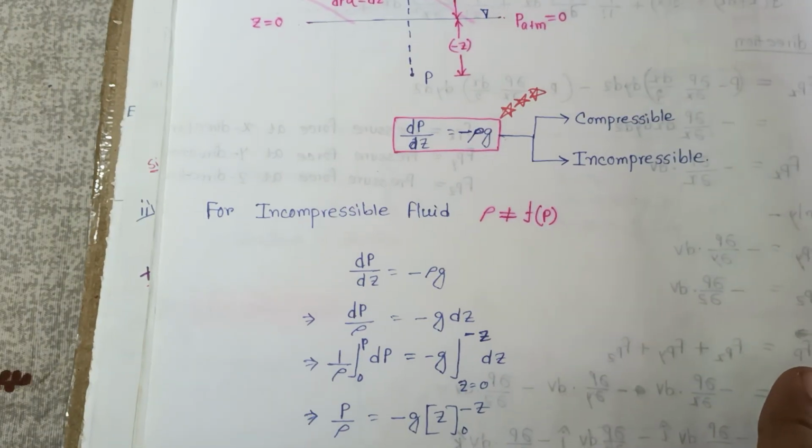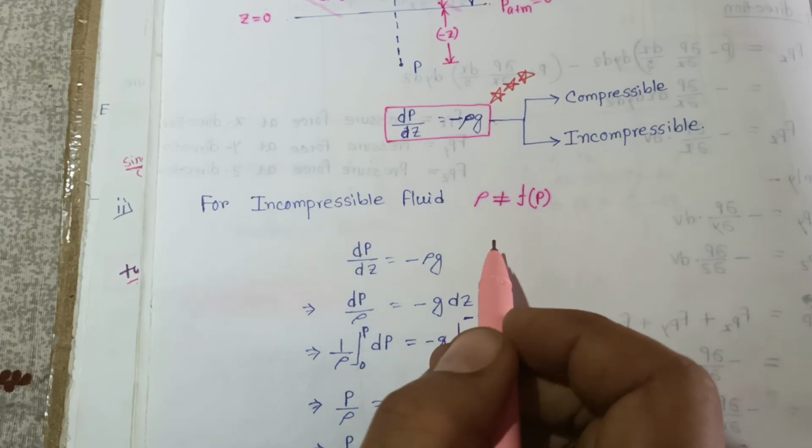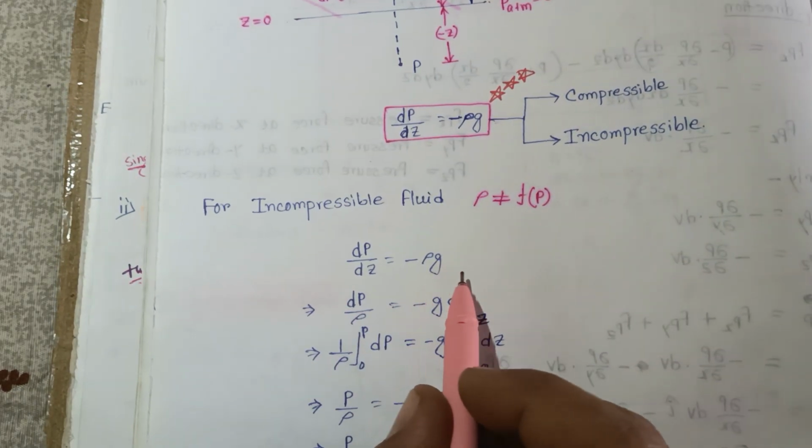For an incompressible fluid, rho is not a function of pressure, so dp by dz is equal to minus rho into g.